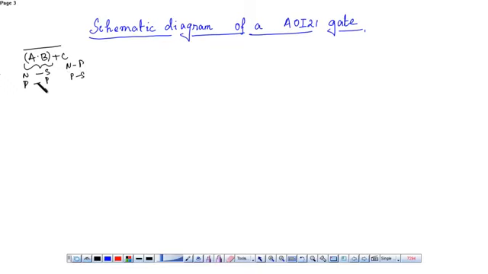So for A dot B, the PMOS is in parallel, connected to VDD. A dot B is in parallel and the third input C is in series with this parallel circuit.